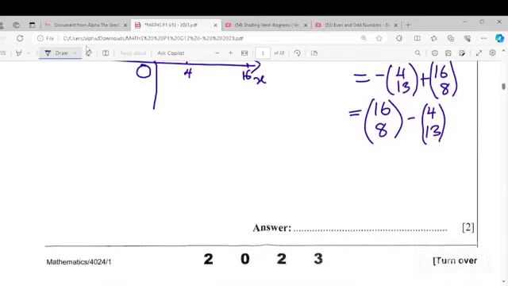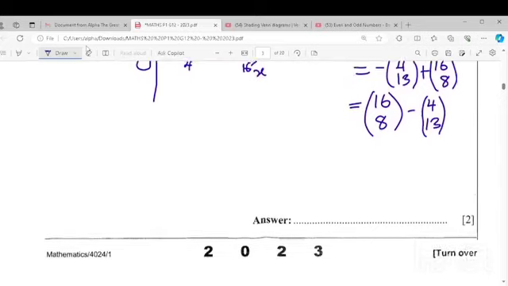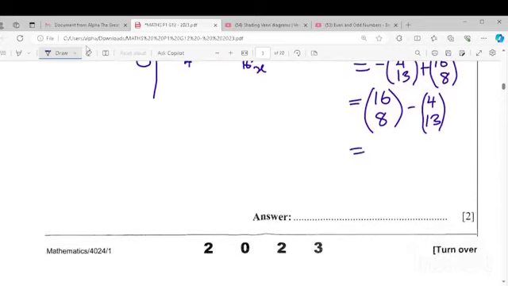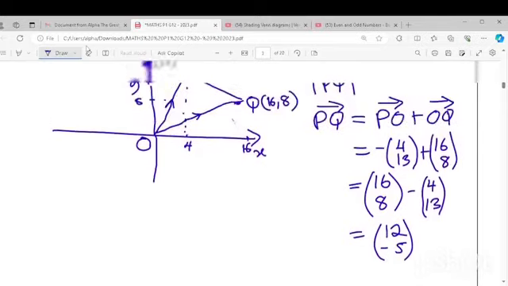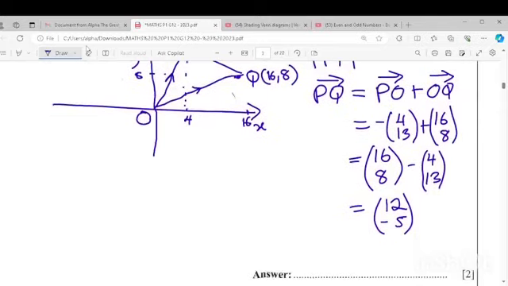So we have 16 minus 4 is 12, then 8 minus 13 is negative 5. So this is the vector PQ.